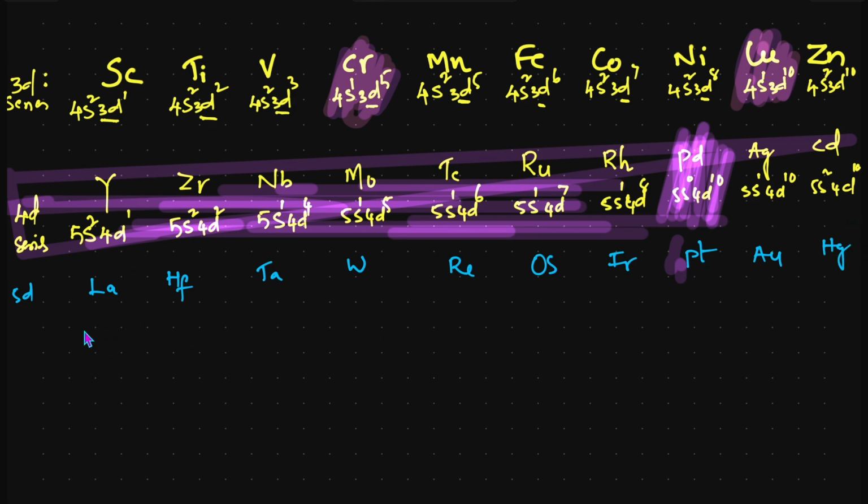So the electronic configuration is going to be 6s2 5d1, 6s2 5d1. This is 6s2 5d2, this is s2 d3, this is s2 d4.